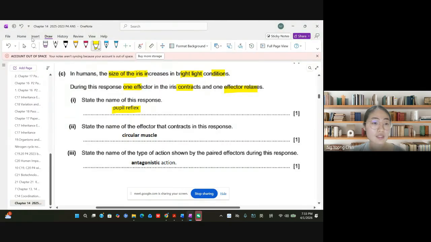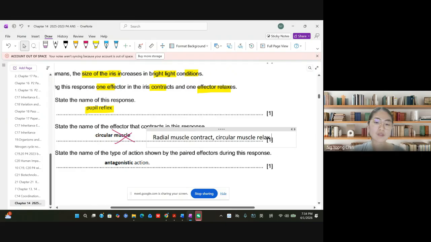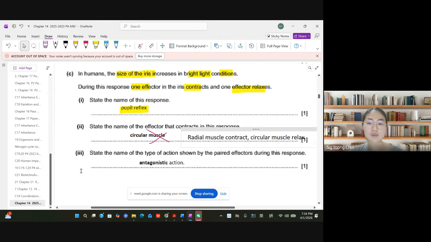The radial muscle contracts and pulls on the pupil, and the circular muscle should be relaxed. So it causes dilation, an increase in the size of the iris.